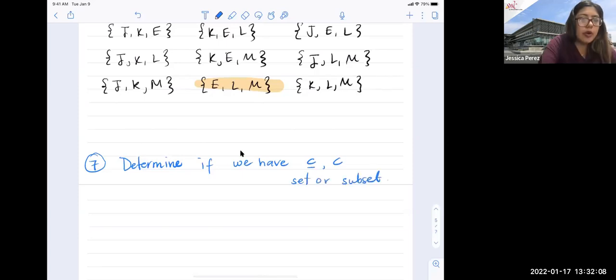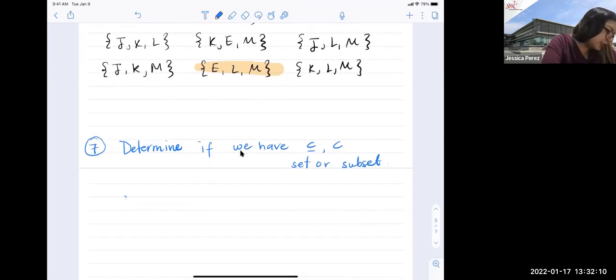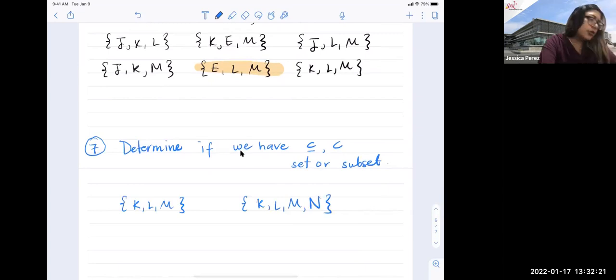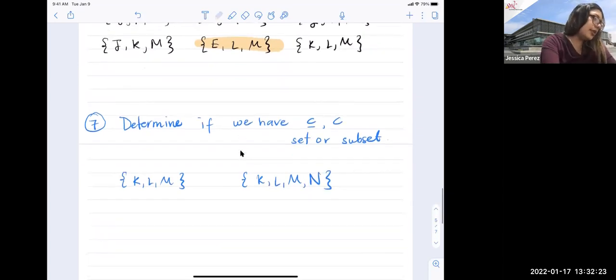So if we have, let's say I give you K, L, M, and then I give you K, L, M, N. Well, what is this? Is this a set or a subset or both? Well, remember a set, let's say, contains all the elements.